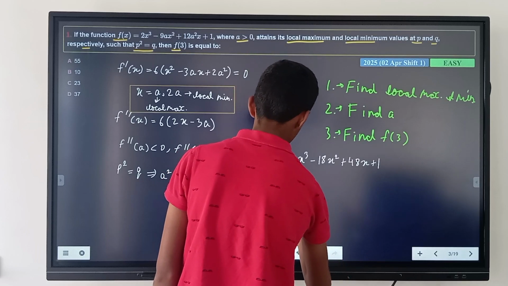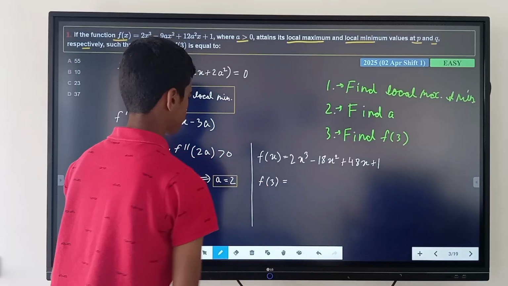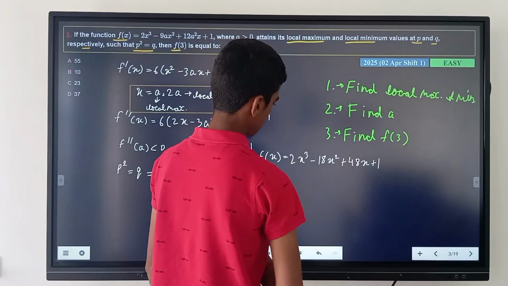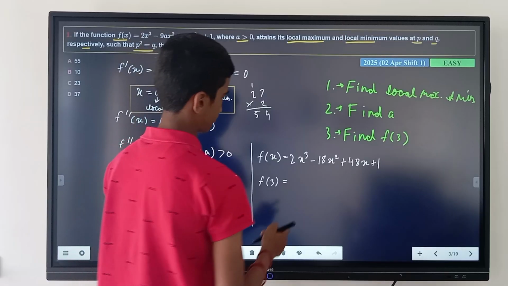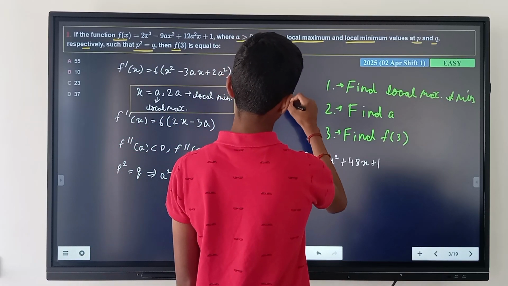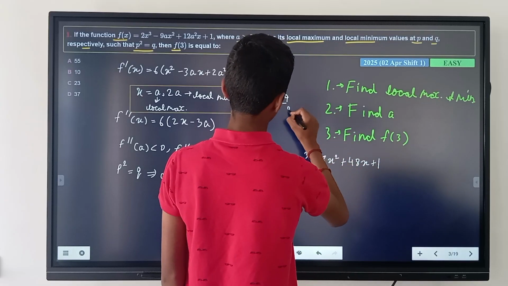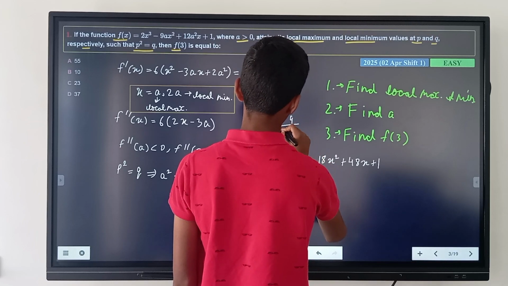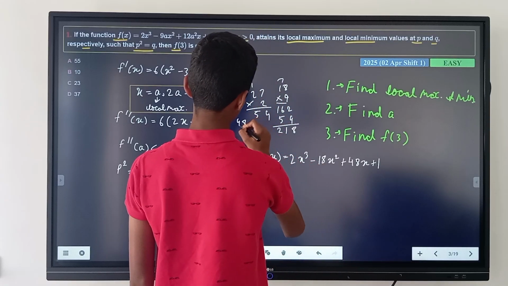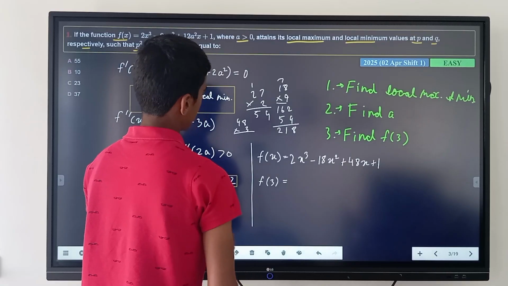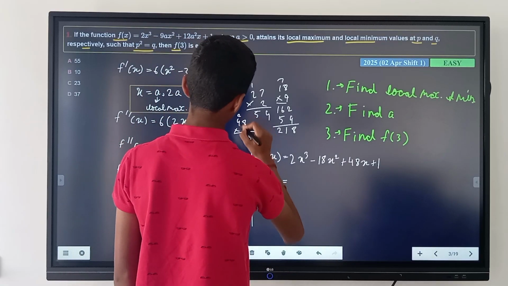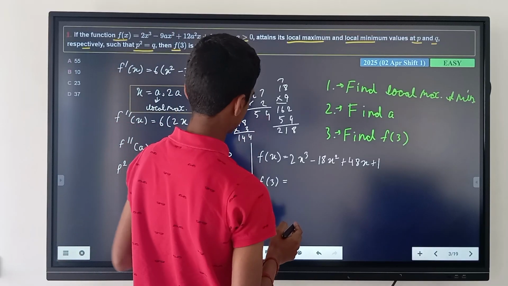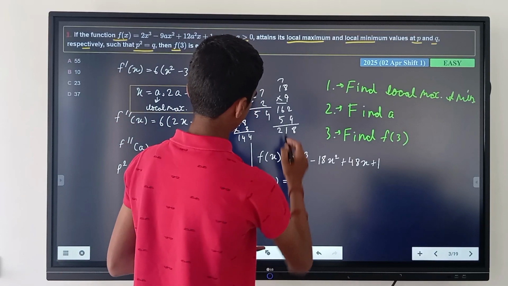Now our f of 3 is equal to 27 times 2, which is 54, and 18 times 9 will be 162, and 48 times 3 will be 144.